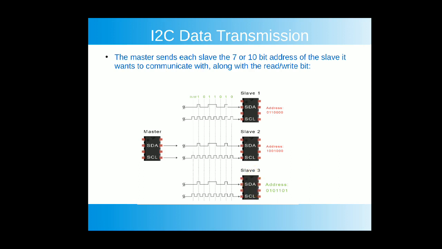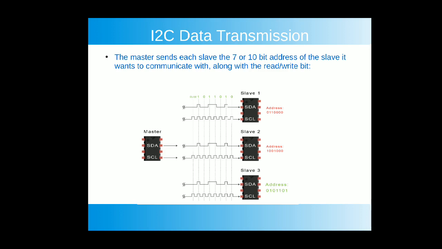So in order to communicate with slave device 3, it will use slave device 3's address. Similar to slave device 3's address, there are specific addresses for slave device 2 and slave device 1. But these three addresses are unique, so the master can easily identify slave 3 with this address, and this address is 7 bits long.